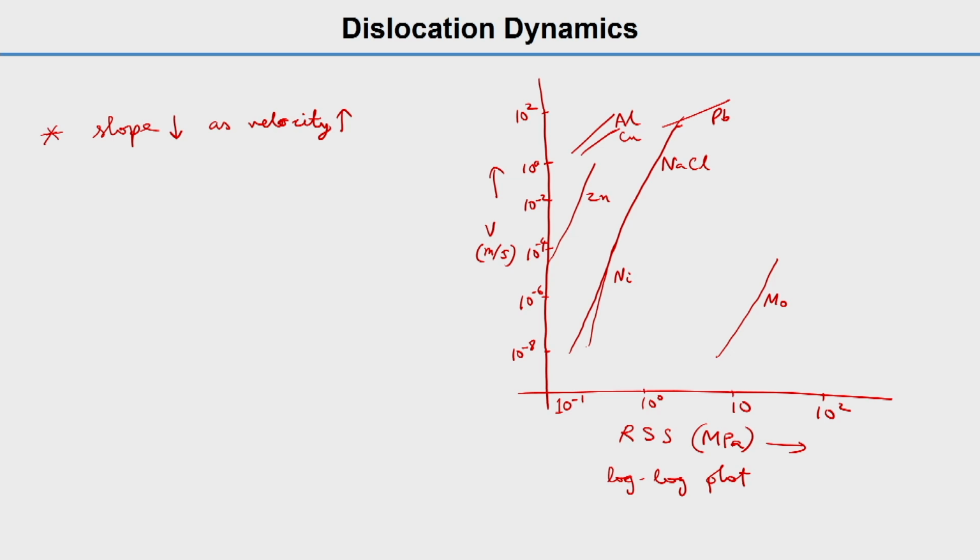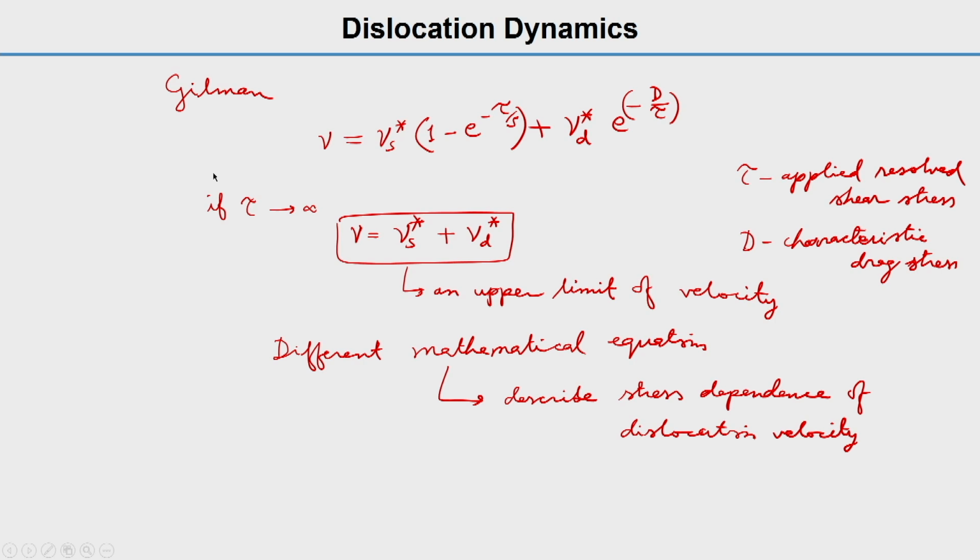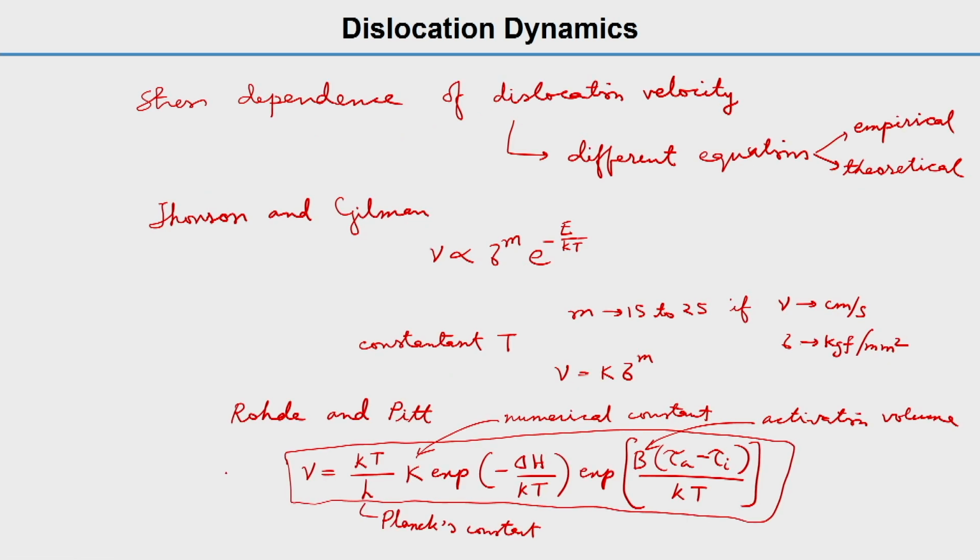Some of the materials, let us say we talked about some equations, the Rodney and Pitt equation. Although it looks complex, the same data can be fit into a simpler equation like this also. These experimental results can be fit to this equation as well, and it will give some approximation.